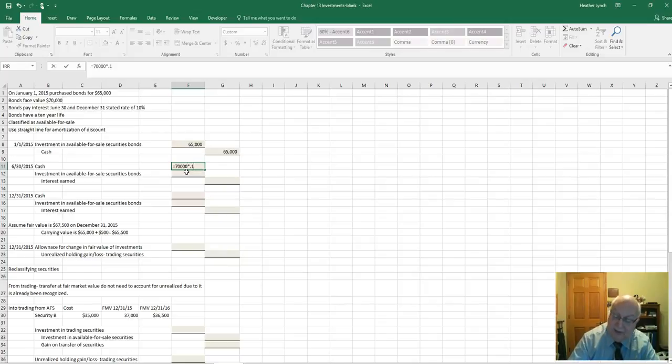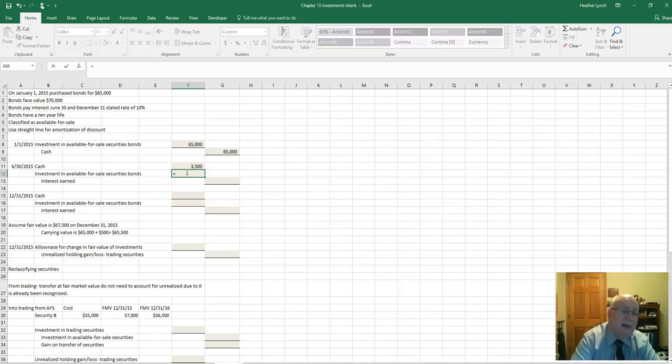Stated rate is 10% divided by 2. So it's $3,500. Okay, so you figured that out. So it's 70,000 times 10% divided by 2, because you always go by face value times the stated rate, and it's semi-annual, so divided by 2.